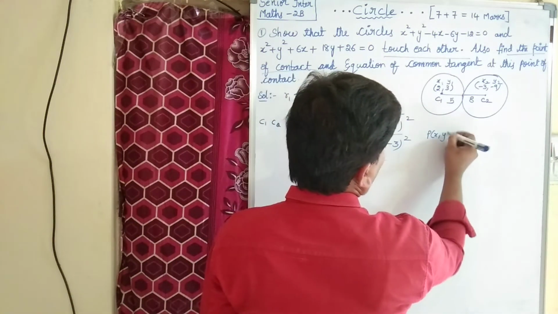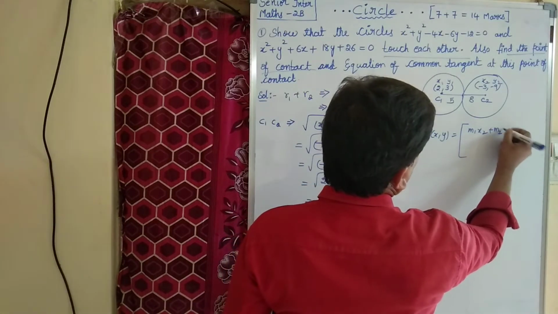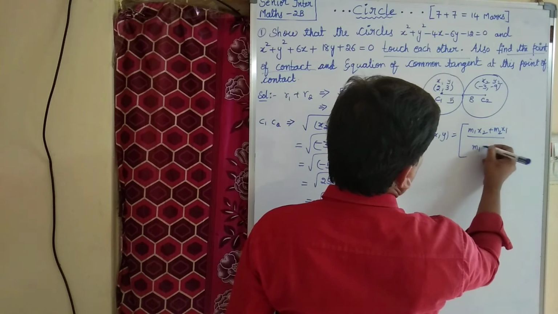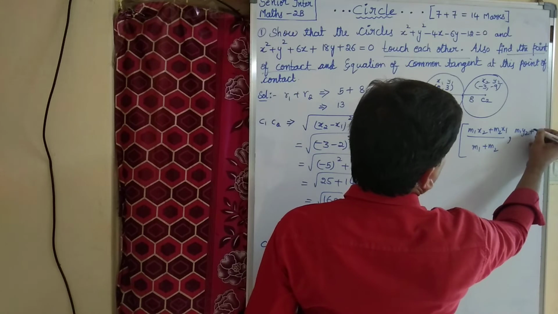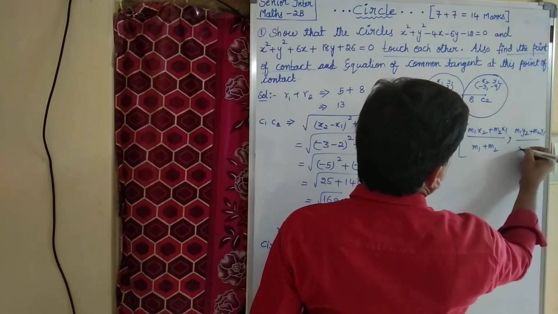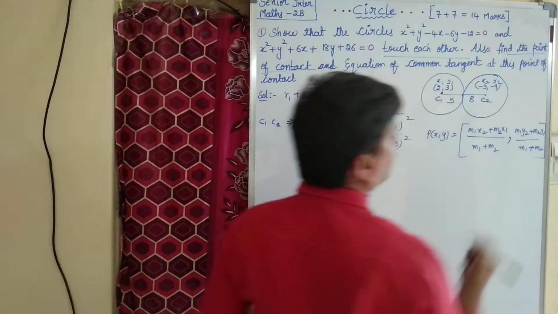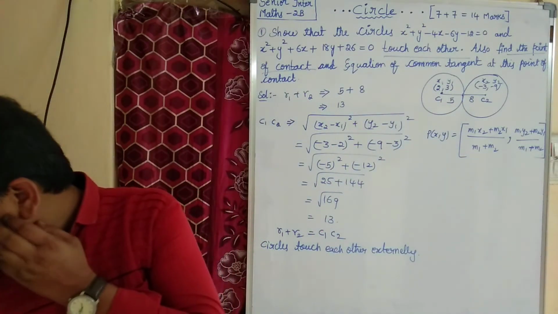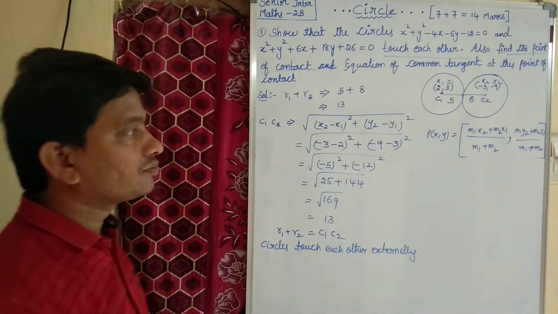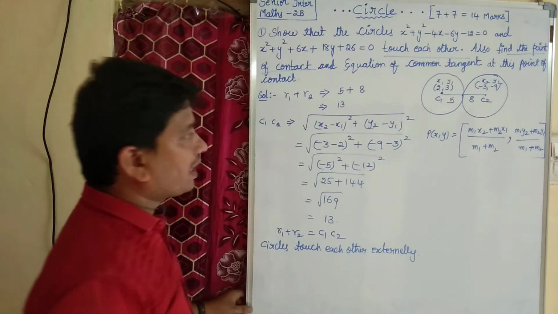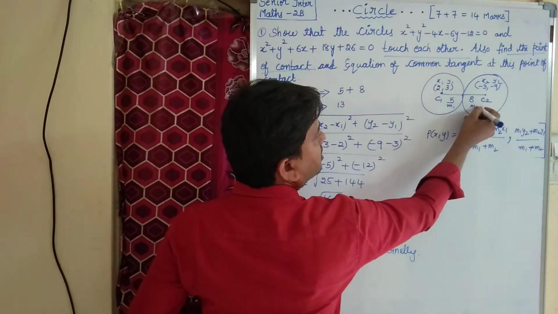P of x comma y equal to m1 x2 plus m2 x1 by m1 plus m2 comma m1 y2 plus m2 y1 by m1 plus m2, if they touch each other internally. But here they are touching each other externally, right? So what are our m1 m2? m1 m2 are our ratio. This is m1 and this is m2.